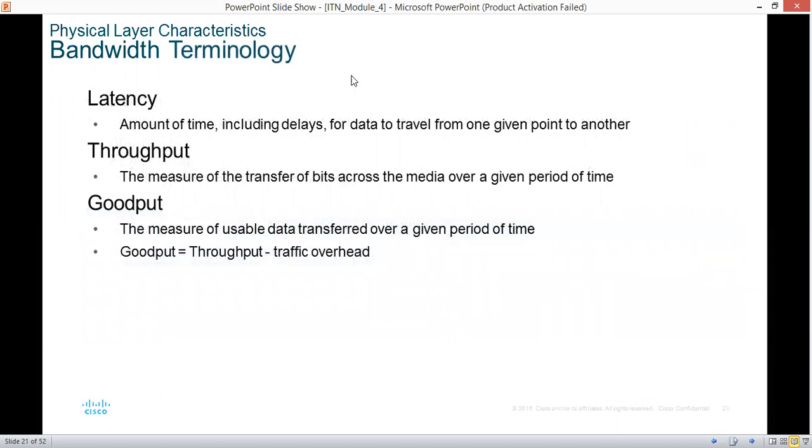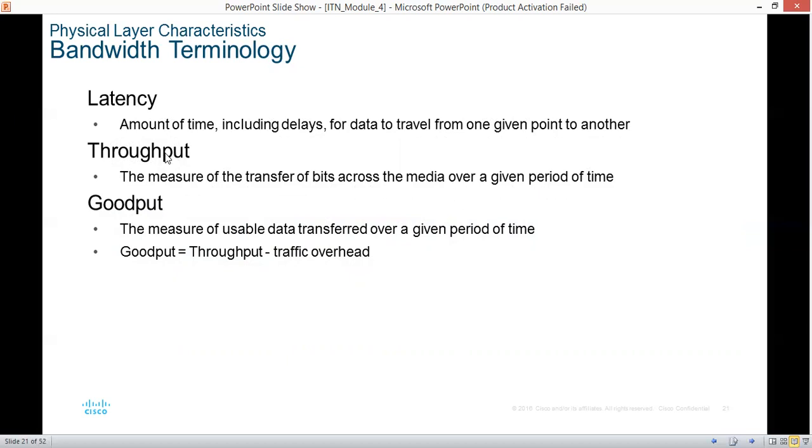Then bandwidth has terminology like latency. You need to explain to your students what latency is. Of course, when you're transmitting data, there's latency. The amount of time, including delays, for data to travel from one given point to another is referred to as latency, which also can be measured. Then throughput is the measure of the transfer of bits across the media over a given period of time.